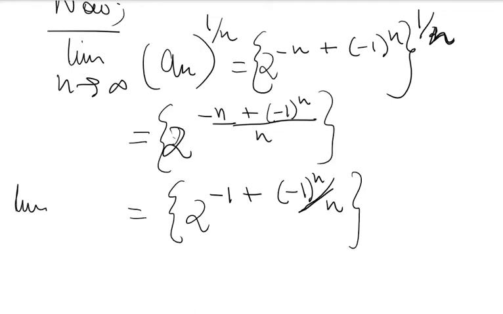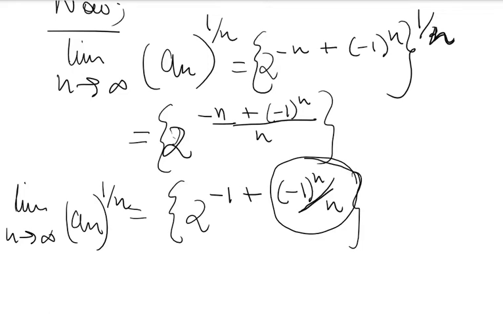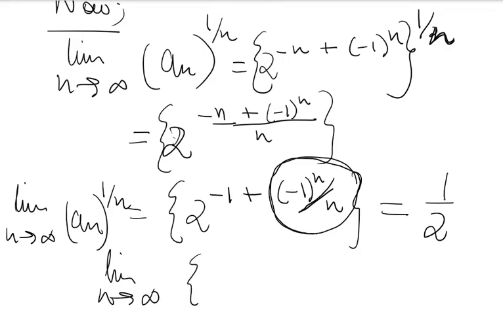So that is limit n tends to infinity a_n whole to the power 1 by n. As n tends to infinity, this part is 0, so this is equal to 1 by 2. So limit n tends to infinity a_n whole to the power 1 by n exists.